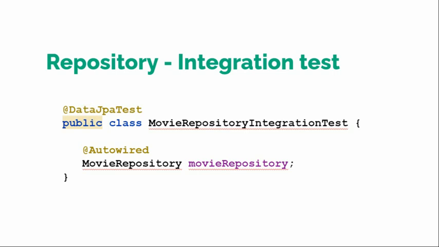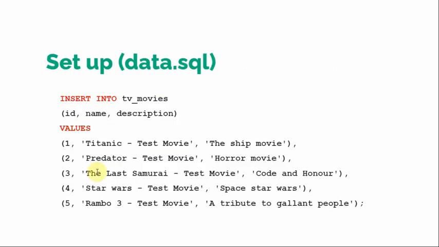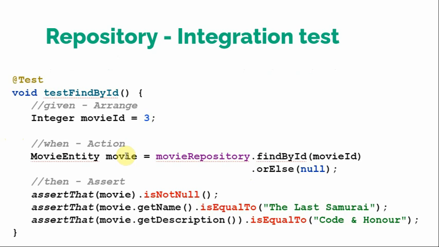It will initialize the database, and as we know, the database will have this record with the ID 3, The Last Samurai. It was a good movie. It will then fetch that movie entity, and then we can assert that it's not null, it has the value, it has the description. So this ensures us that this repository is working as per our expectation.